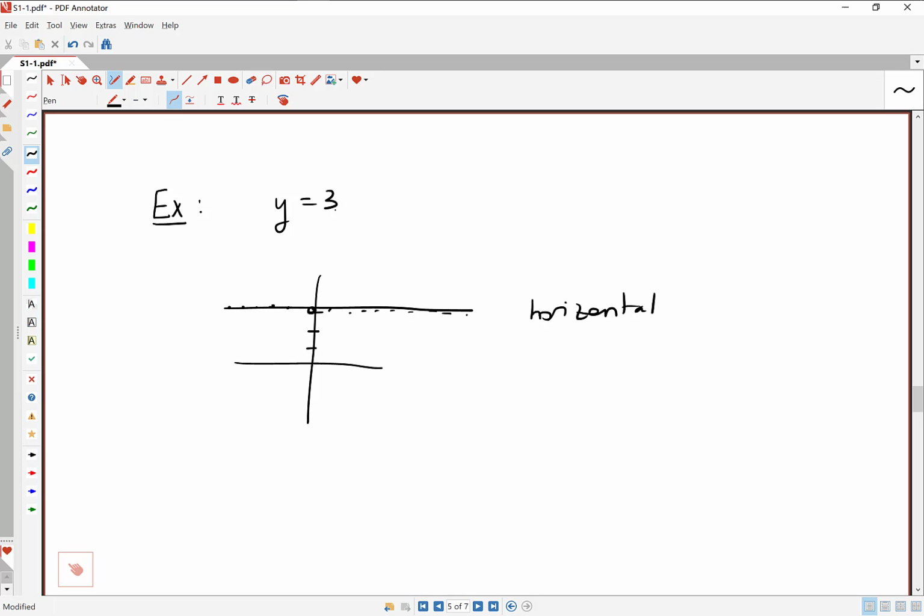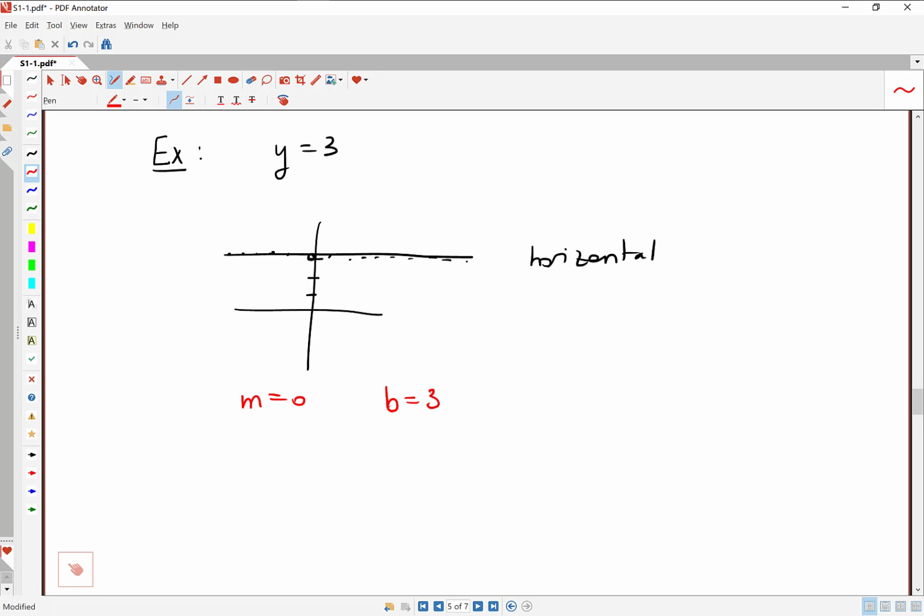And when you have a horizontal line, the slope is 0, and the y-intercept is whatever your number is here. So if your line is y equal 3, then your y-intercept is 3. A different way of looking at this is if someone gives you the equation y equal 3, you could rewrite that in standard form by saying, oh, that's the same thing as y equals 0x plus 3. And then you can say that number is your y-intercept and that number is your slope.